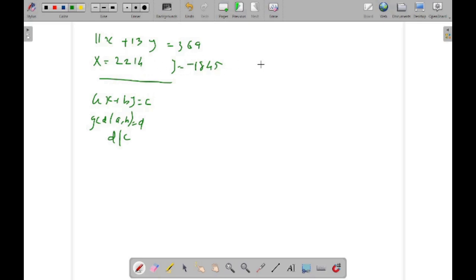Okay, we got one particular solution, that is x equal to 2214 and y equal to minus 1845.